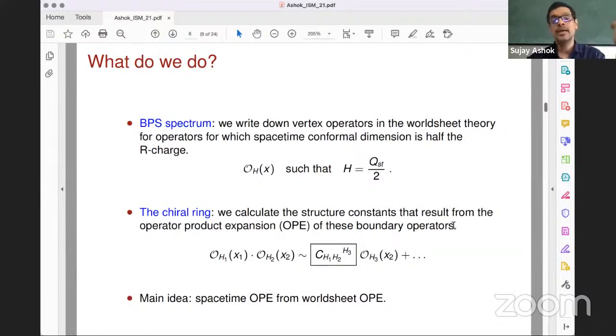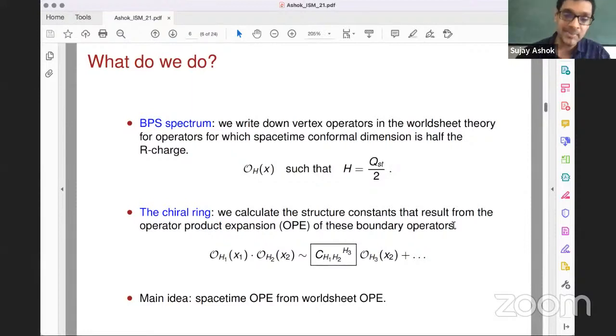And furthermore, once we do that, we will compute the next simplest thing, which is the structure constants of the chiral ring of these boundary theories. And we do this not by computing correlators of the worldsheet CFT, but instead we use the operator product expansion of the worldsheet theory to derive the operator product expansion of spacetime.